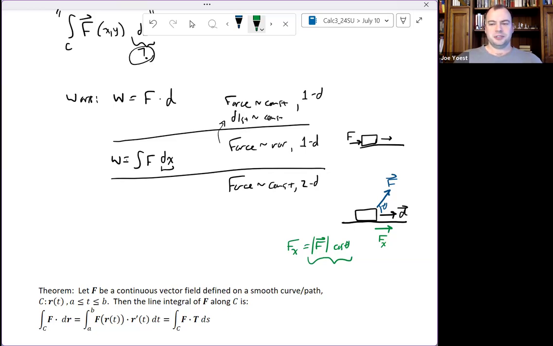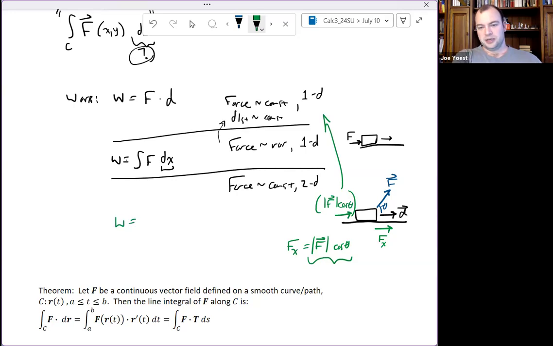But force is still constant, so this is like I'm pushing with force length f cos theta in that one-dimensional direction. So I'm kind of like up here, but I just don't get to use all of the force. I only get to use some of it.